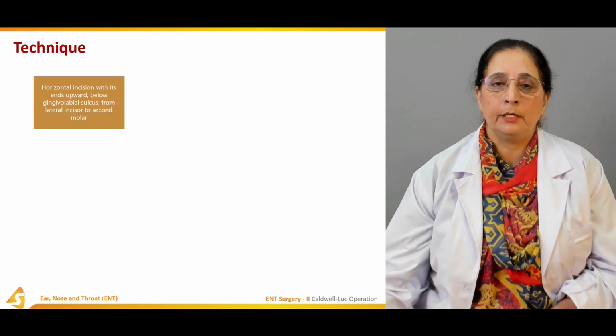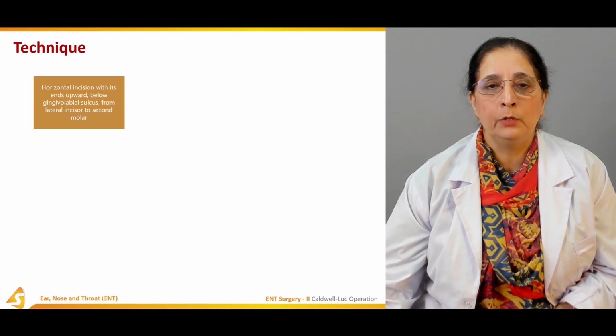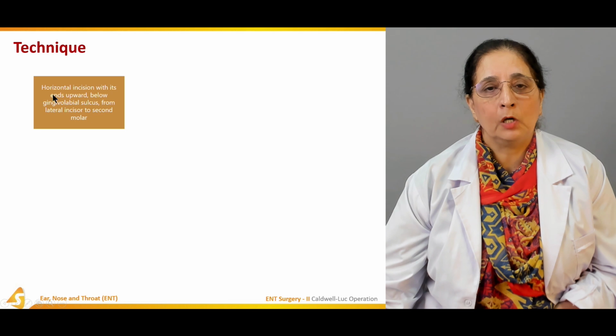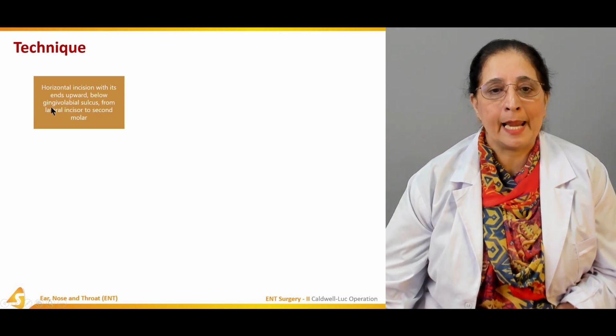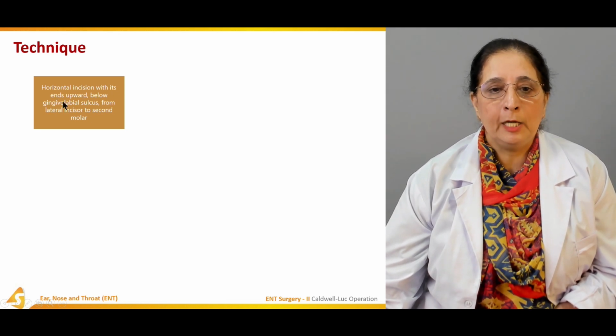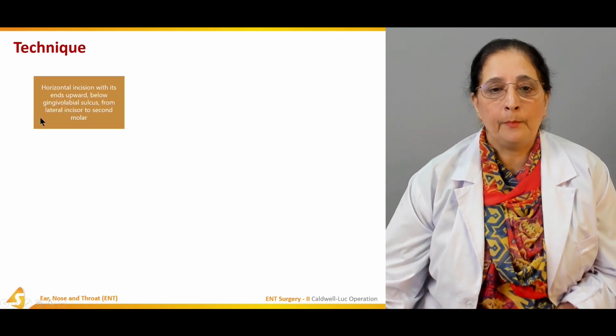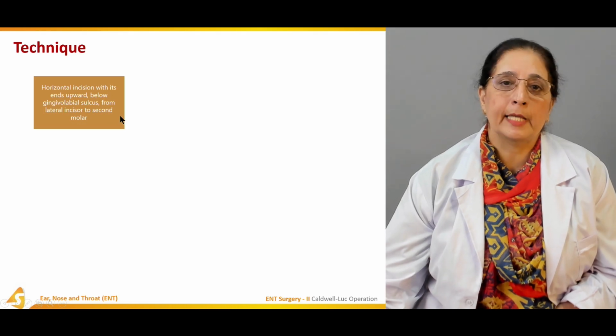Technique used for the Caldwell-Luc operation or anterior antrostomy: a horizontal incision with its ends upwards, below the gingivolabial sulcus, from the lateral incisor to the second molar.